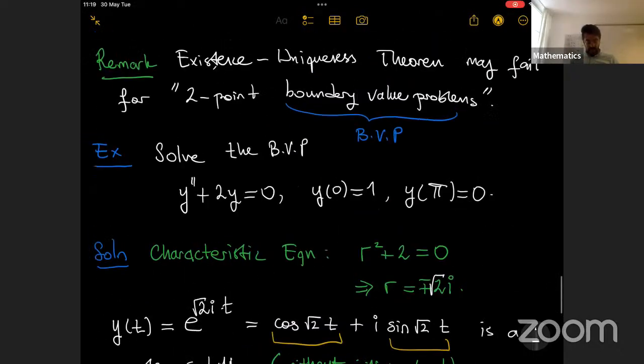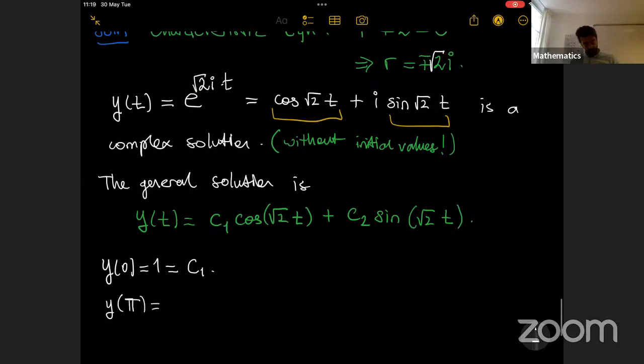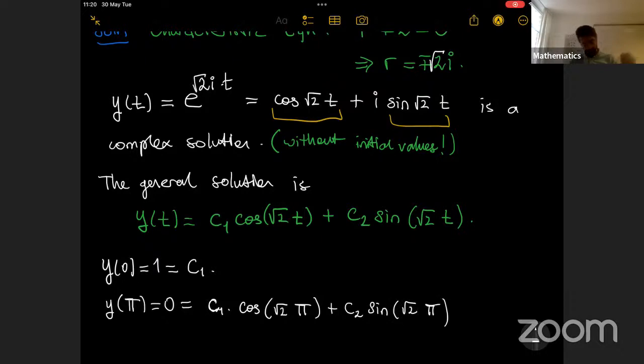y(pi) is equal to 0. When you plug pi in, let's write it like this: c1 times cosine root 2 pi plus c2 times sine of root 2 pi is equal to 0.